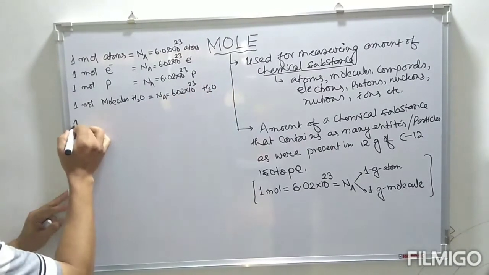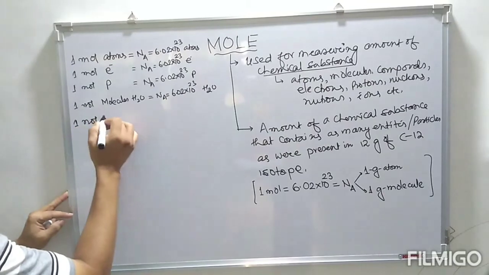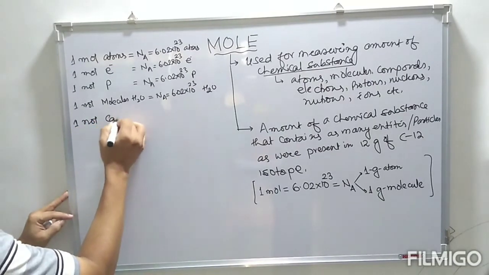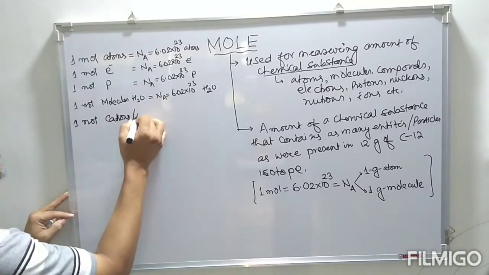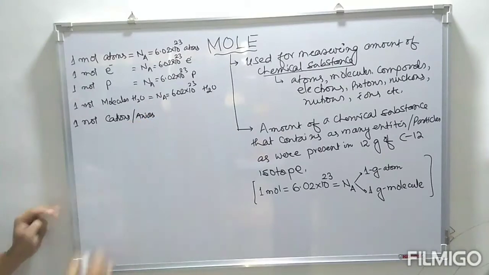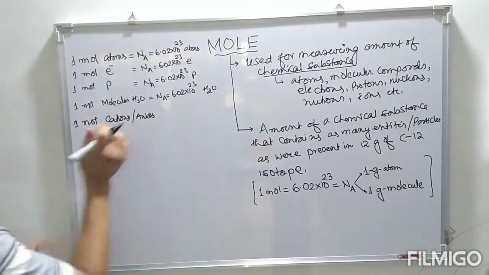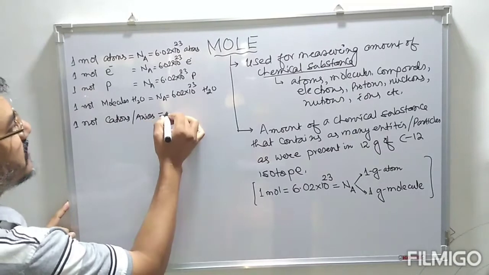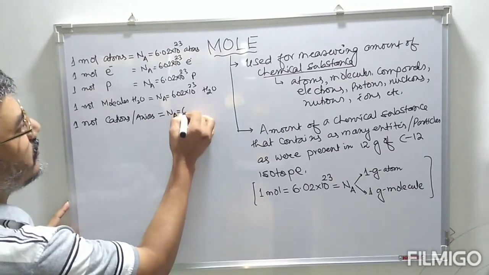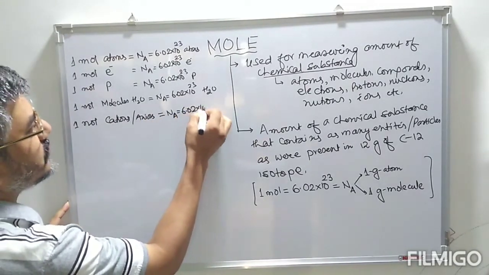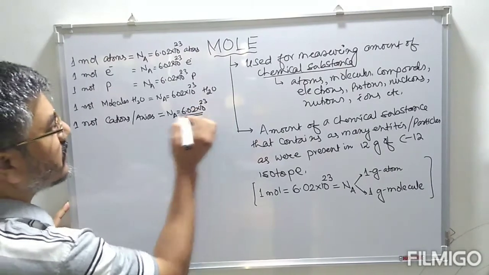When I say 1 mole cations or anions, it also means Avogadro number, 6.02 × 10^23 cations or anions.